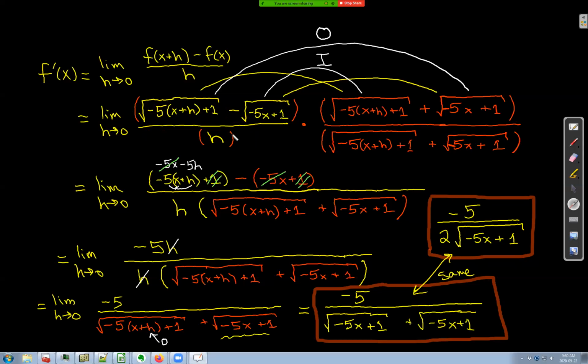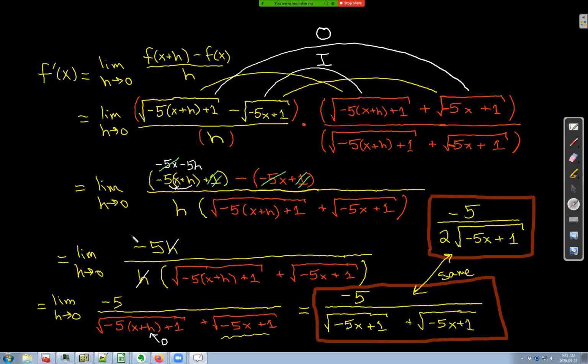And the dirty trick, when you're dealing with a limit that has square roots in it, is that multiplying by the conjugate is a cute algebraic trick that often works. And it did in this case. So we multiplied by the conjugate, and then we just had to do a whole bunch of algebra.